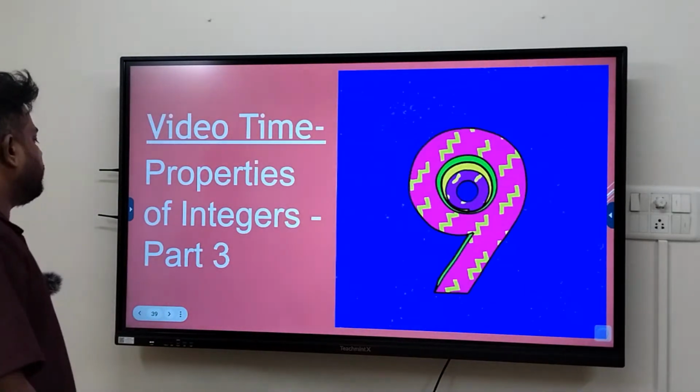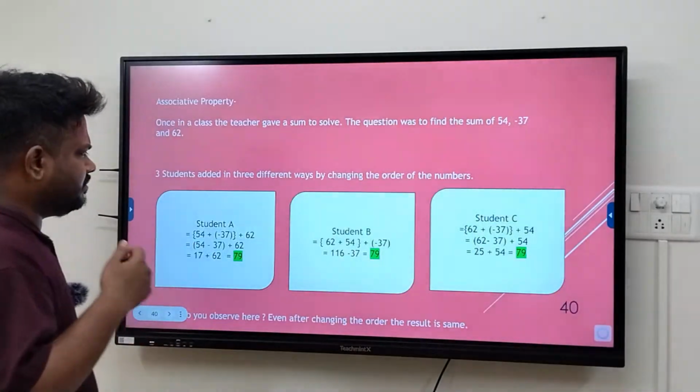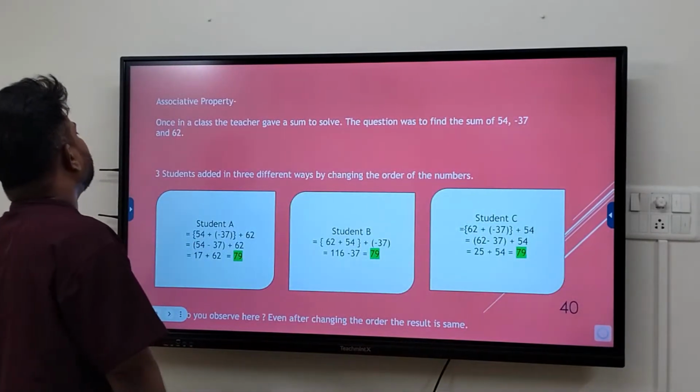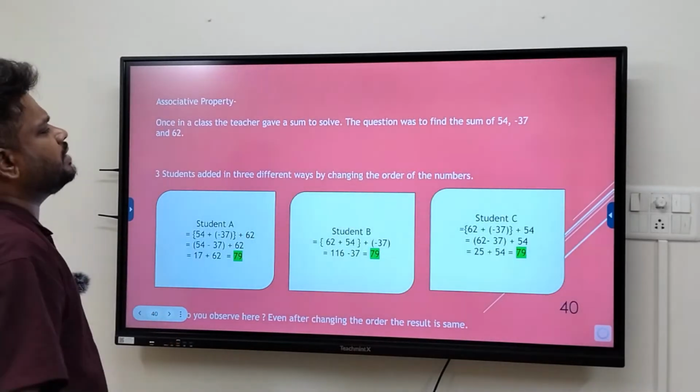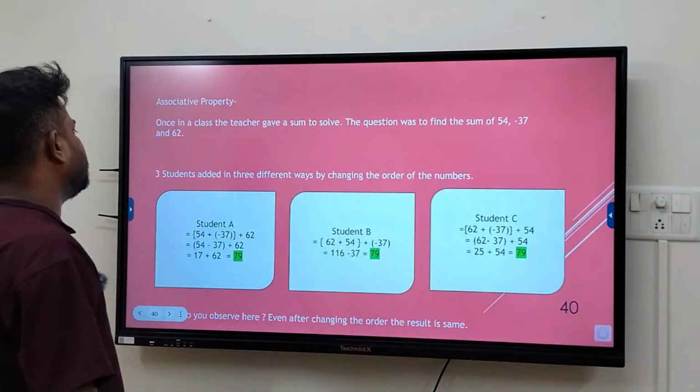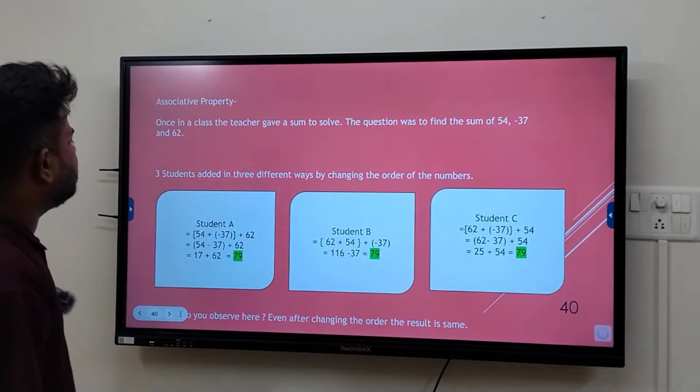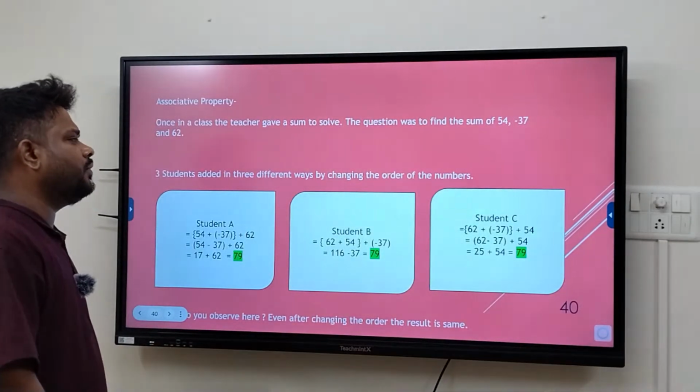Properties of integers part 3. I am not playing this video again here. Once in class, the teacher gave us a sum to solve. The question was to find the sum of 54, minus 37 and 62. Three students added in three different ways by changing the order of the numbers.